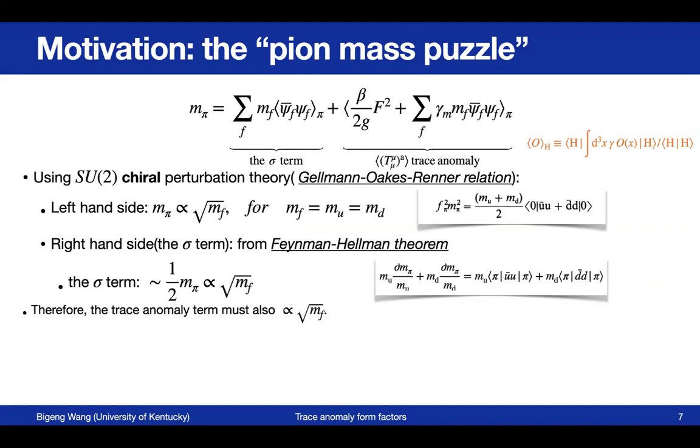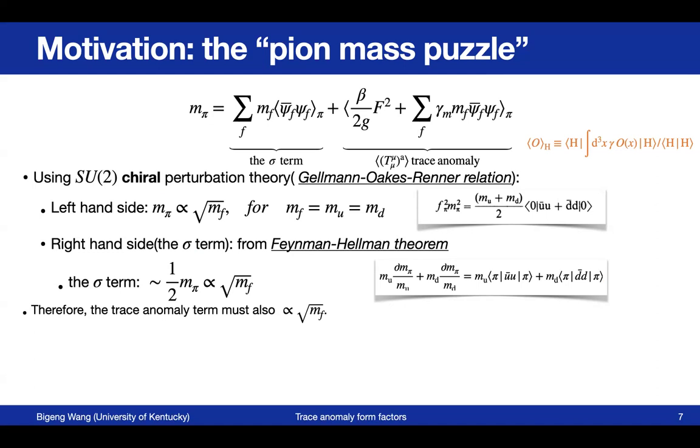Because if you look at this equation of the pion mass, if you look at the SU(2) chiral perturbation theory, especially the Gell-Mann–Oakes–Renner relation, which I have shown here, the left-hand side, which is a predicted pion mass, can be found here, which is proportional to the square root of the light quark mass.